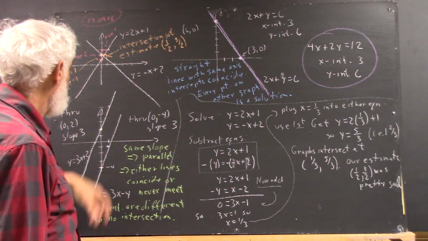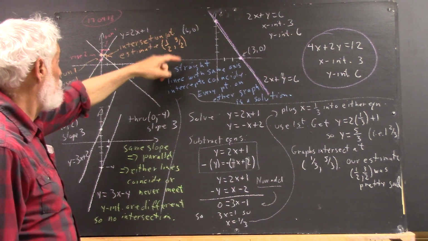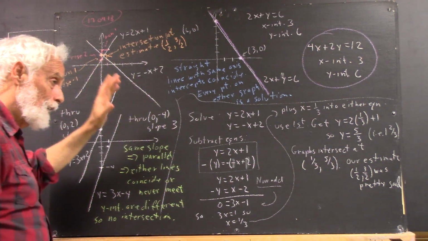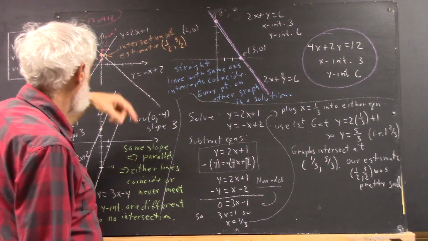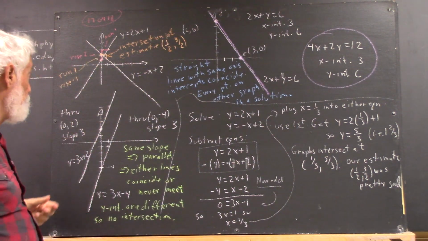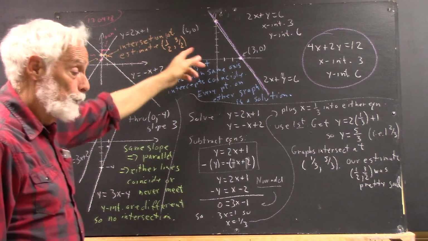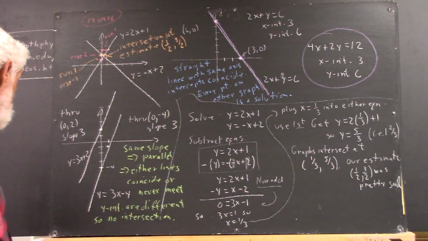I think it's going to be a little more than 3/2, and a little less than 1/2. You should probably be able to see that. But 1/2, 3/2 is a perfectly good estimate, so we can go with that.